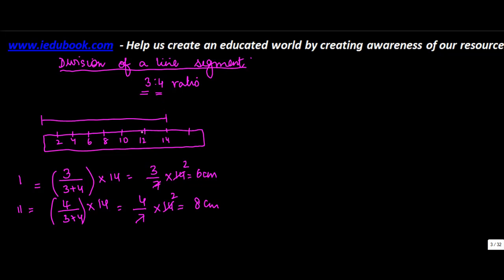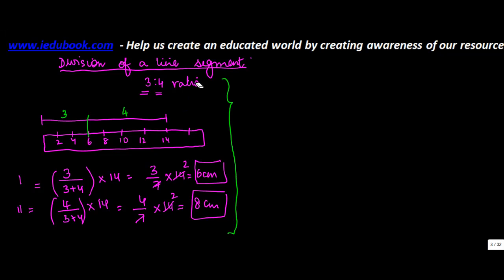So if you have to divide this in two parts, you've got 6 centimeter and 8 centimeter. So what you will do is measure 6 centimeter on the scale and draw a line here. So basically this will be 3 parts, this will be 4 parts. The easiest and the best way to do it.